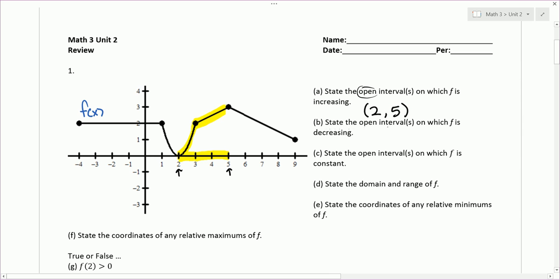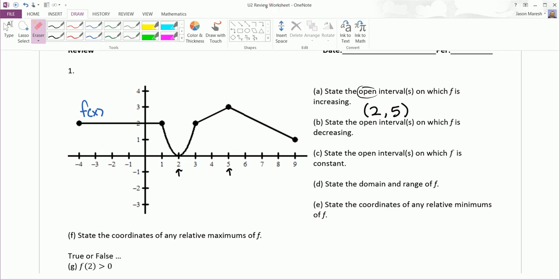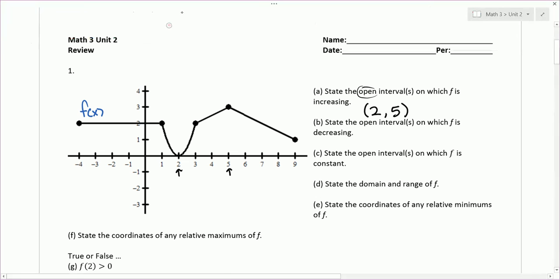Part B, state the open interval or intervals on which f is decreasing. So decreasing, as you trace your graph left to right, where's it falling? It's decreasing right here, and it's decreasing over here.